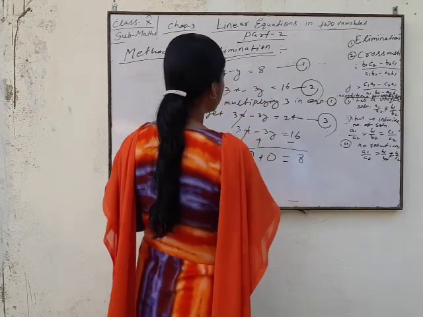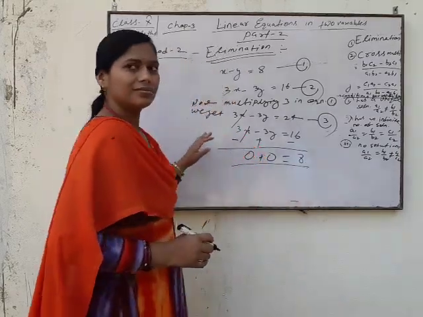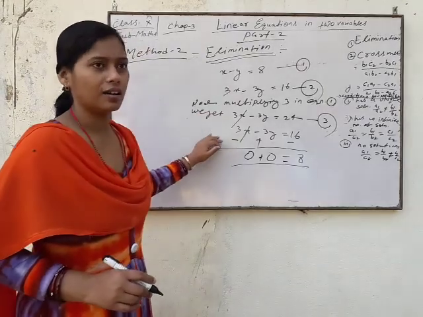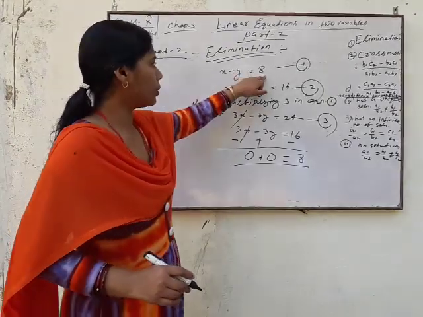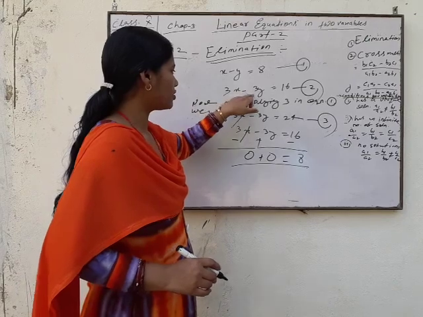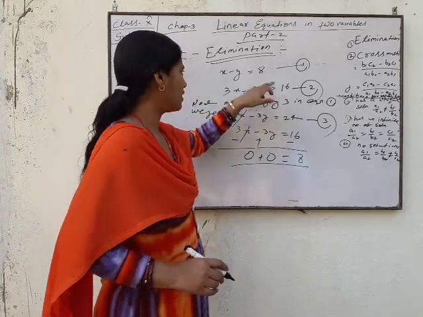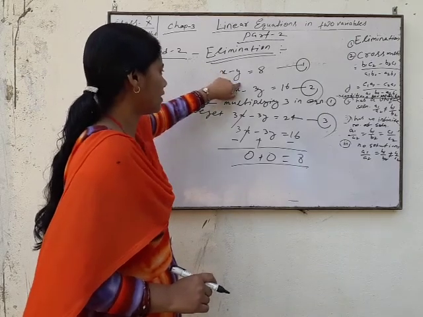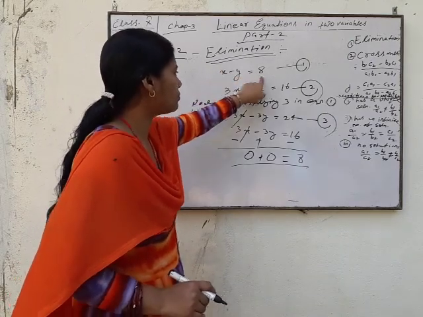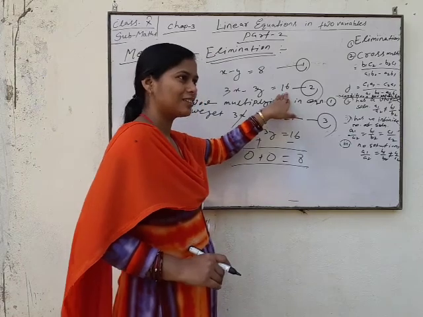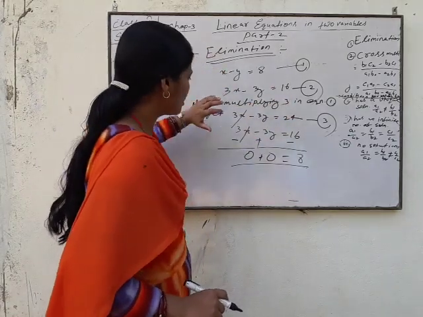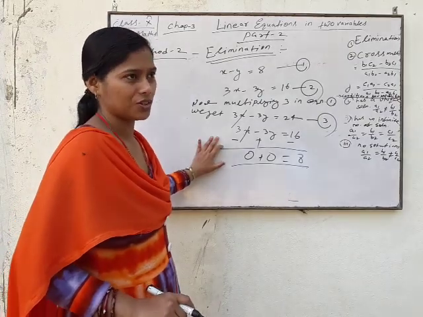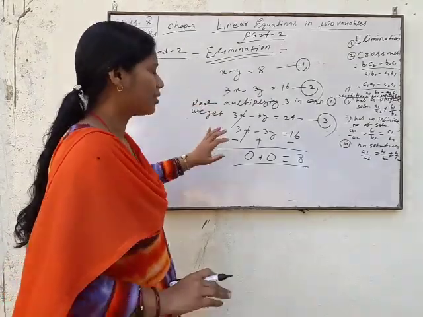Look here. Do these equations have a solution or not? x minus y equal to 8 and 3x minus 3y equal to 16. If you multiply by 3, 3x minus 3y is 3 into 8, 24, but this is 16. So both equations have no solution.